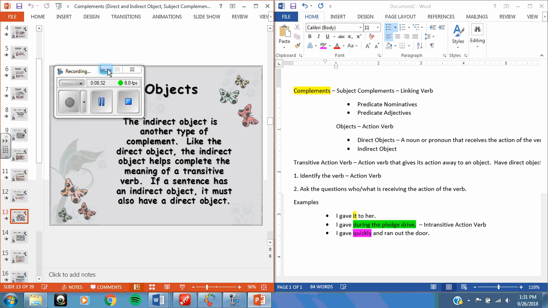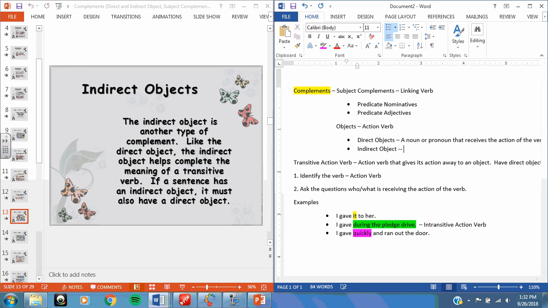So indirect objects are another type of complement like direct objects. The indirect object helps complete the meaning of a transitive verb. If a sentence has an indirect object, it must also have a direct object. So you can have sentences that have direct objects without indirect objects, but you can't have sentences that have indirect objects without direct objects.